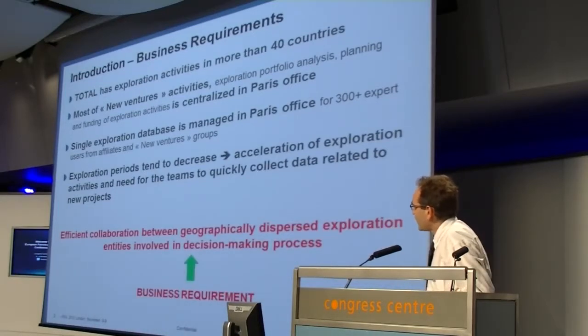So the business requirement is clearly to improve the collaboration between teams, both in headquarters and in affiliates, and also improve the decision-making process, which is highly centralized in our organization.